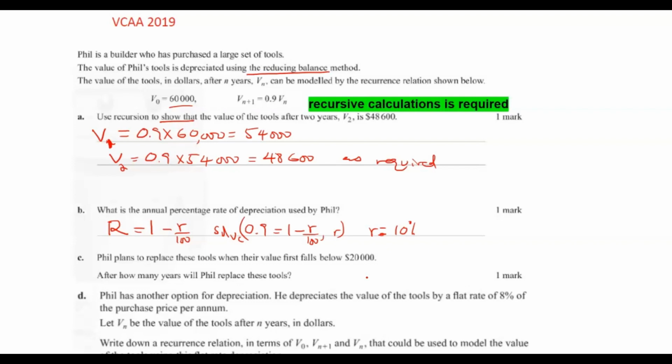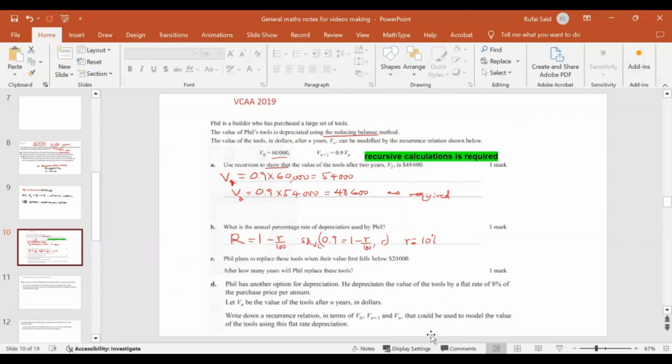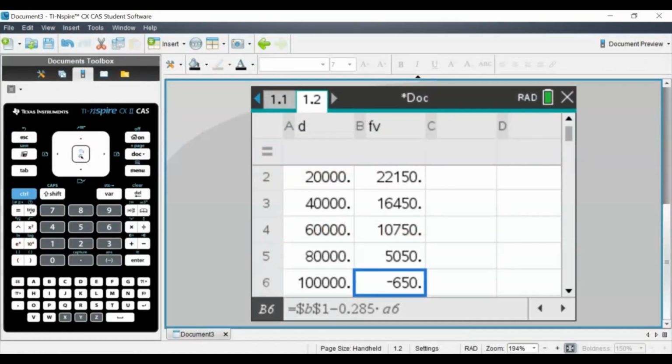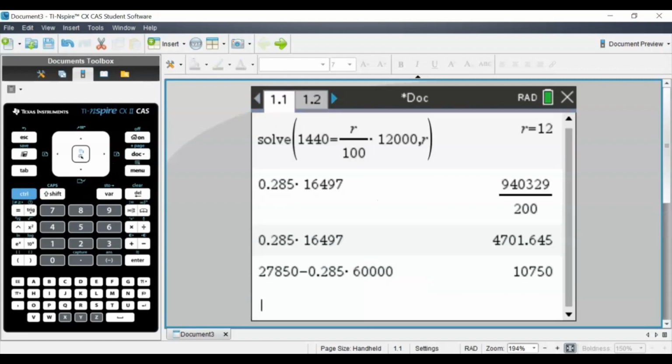All right, so that's going to be menu 3.1.